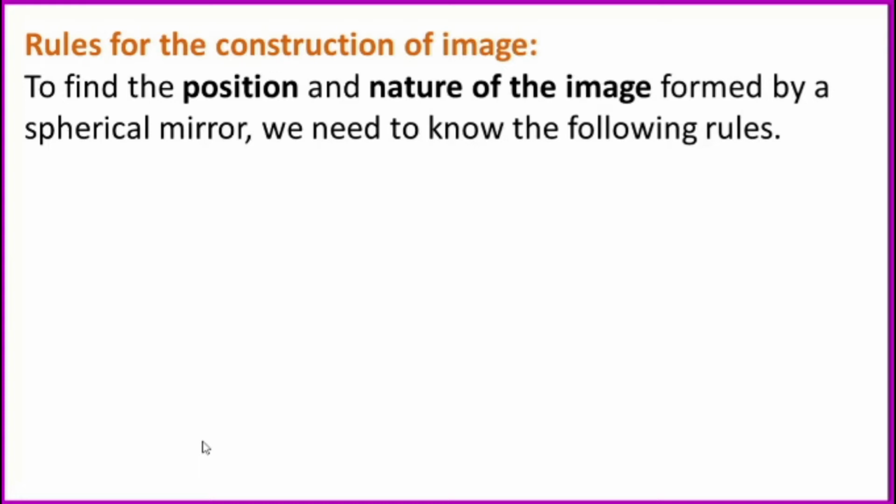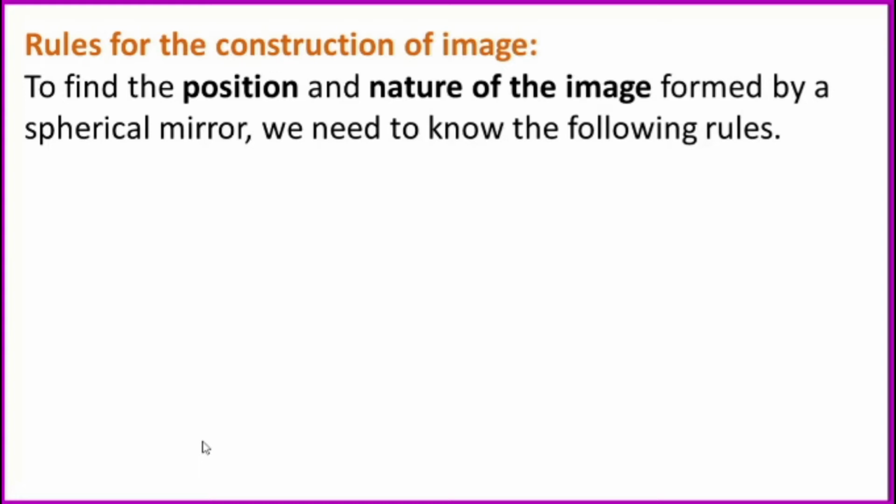Then we studied about curved mirrors. The reflecting surface can be considered to form a part of the surface of a sphere. These mirrors are called spherical mirrors. There are two types. In some spherical mirrors, the reflecting surface is curved inwards, that is, it faces towards the center of the sphere.